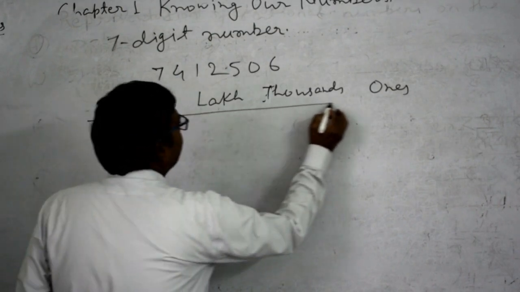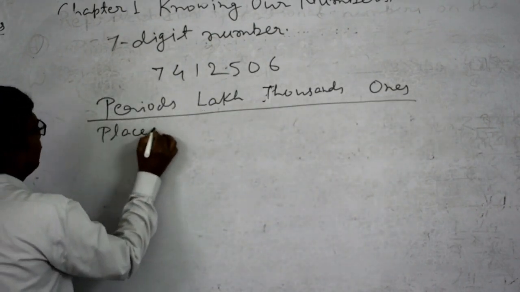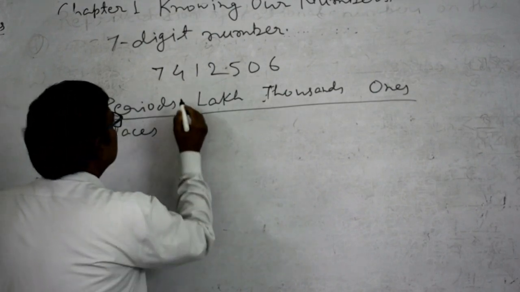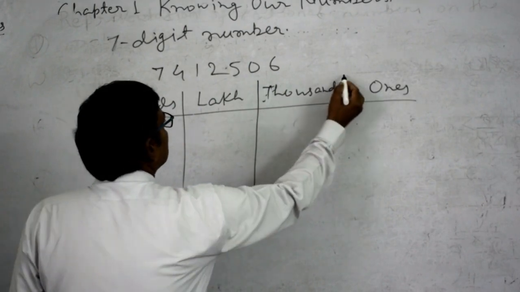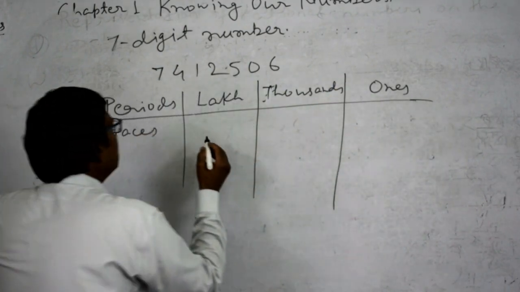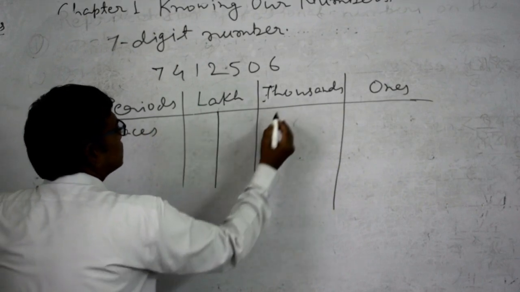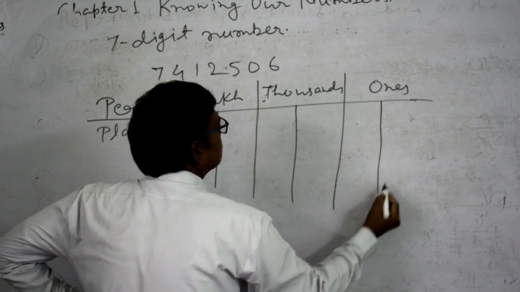Then you have the places. In lakhs you have 2 places, in thousands also you have 2 places, and in ones you have 3 places.